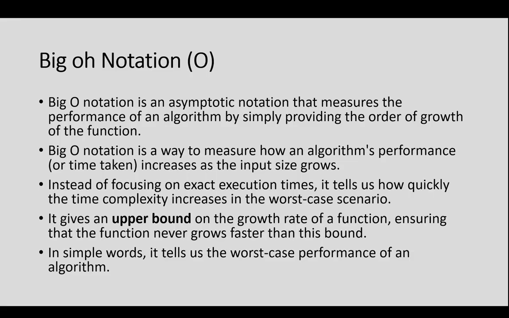In this notation, we are showing the upper bound on the growth rate of a function, which says that above this, the function will never go faster than this bound. The time may not go more than this bound. That is the upper bound we are setting. So in simple words, it tells us the worst case performance of an algorithm.